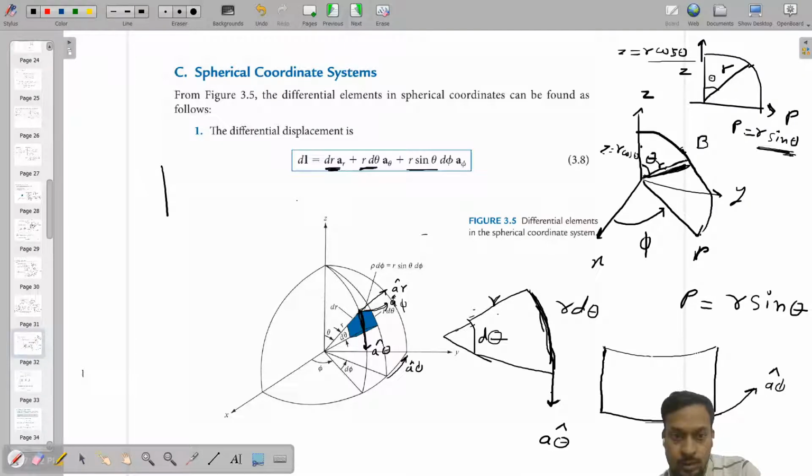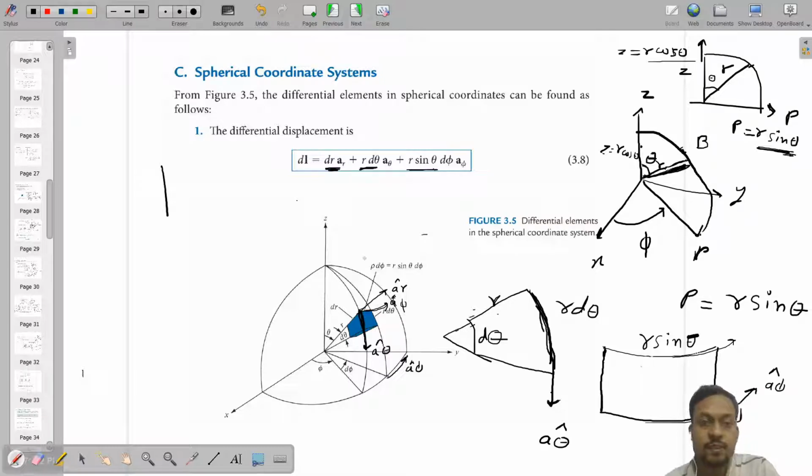So this surface is equal to r sin theta, and this r sin theta varies along the a_phi direction. So for the a_phi direction, we have considered r sin theta. And here the differential length is d phi, so d phi a_phi.